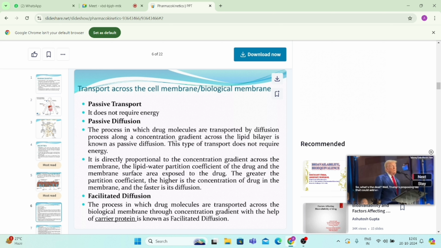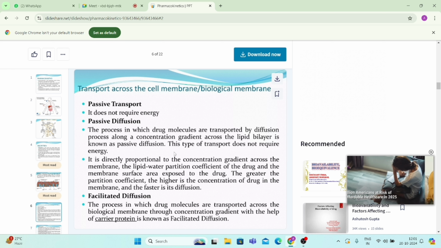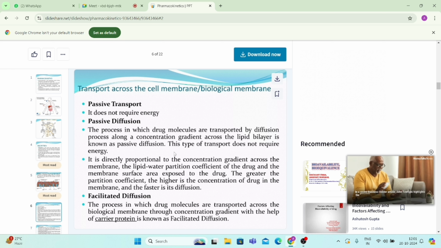But coming to passive transport, it's a downhill process where it doesn't require any energy. Now we have diffusion also. Diffusion is where there will be a gradient, in the sense that one place will have more concentration and another place will have less concentration.